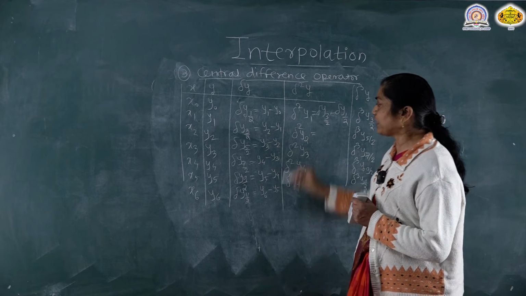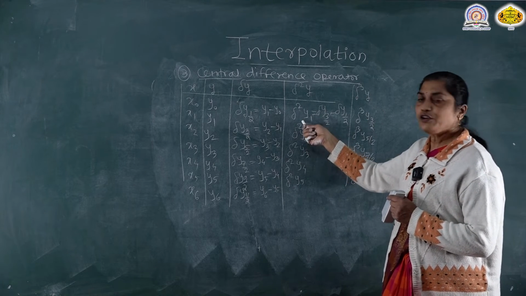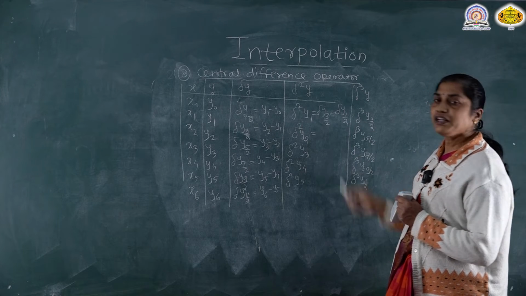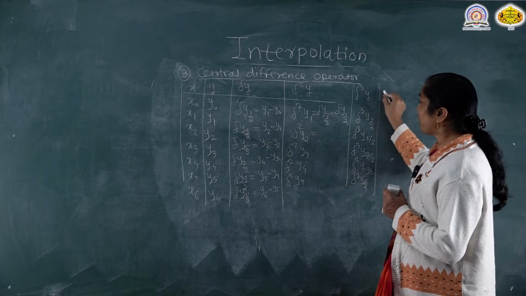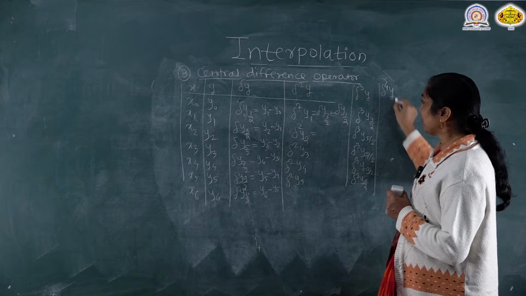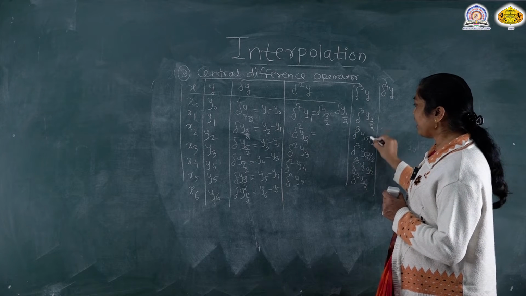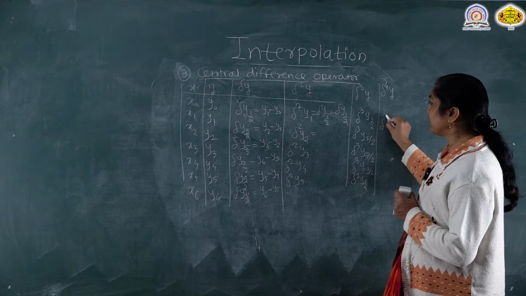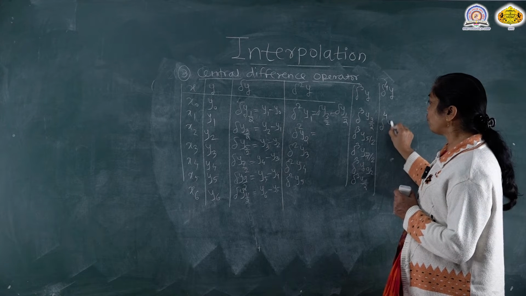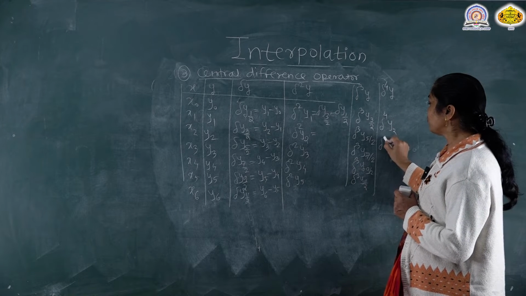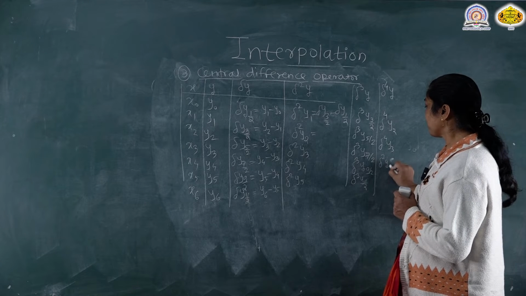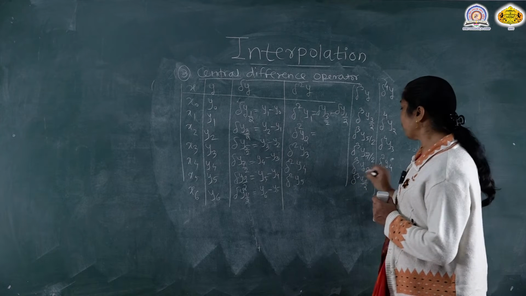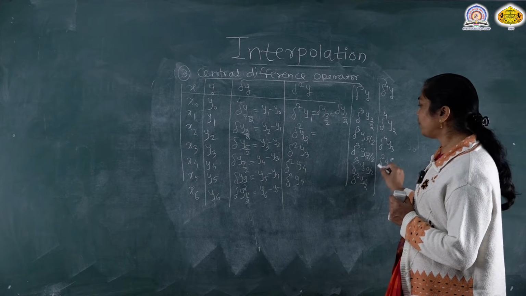From below we will subtract the above: delta square y2 minus delta square y1 is nothing but delta cube of y 3/2. Similarly we will get delta raised to 4 y. So we will get the difference between these two, that is delta raised to 4 of y2, delta raised to 4 of y3, delta raised to 4 of y4. So we will get these values up to this.